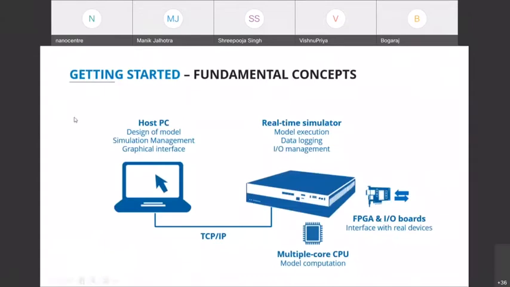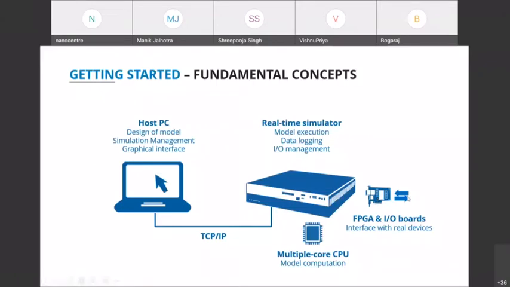From this figure also we can see what I had told you initially, that the host PC had our MATLAB software where we designed our model. Now this entire model was dumped onto the real-time simulator through the Ethernet cable. But within the simulator, as we can see, we have a multiple core CPU, and then we have an FPGA which will simulate our electrical hardware solver, which is the solution for the high switching frequencies.